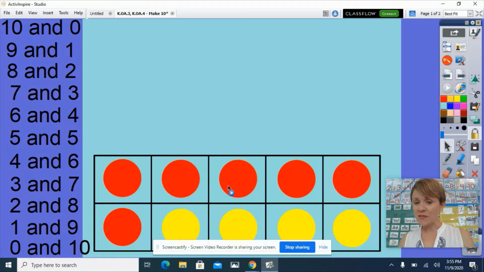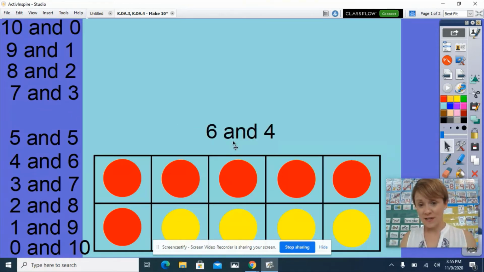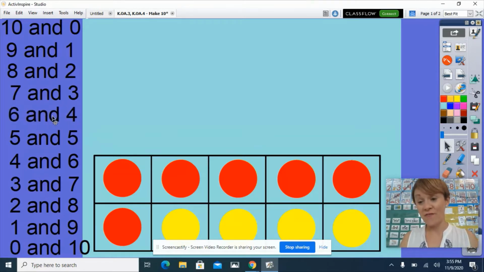Now you can see the red group has 6. And look at the yellow group. That's 4. 6 and 4 fills my 10 frame and makes a group of 10. Get ready for your favorite way. If I flip over the next chip on the bottom, that's right, 5 red, 5 yellow.